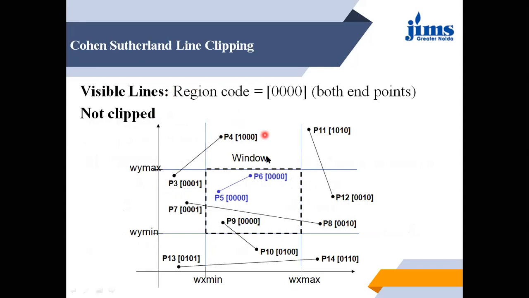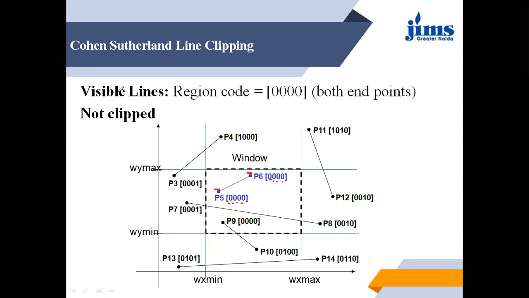You can see a line over here, P5 P6. As we discussed the region codes of all the regions, the region code of P5 is 0000, and the region code for P6 is also 0000.